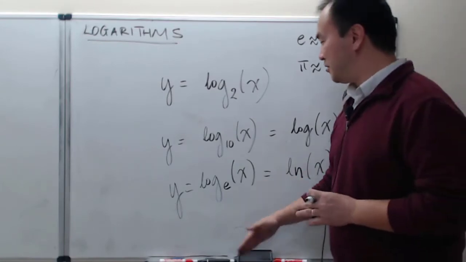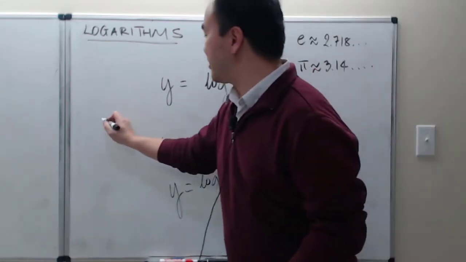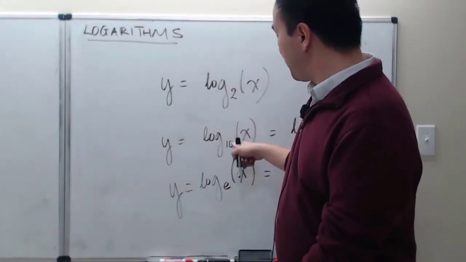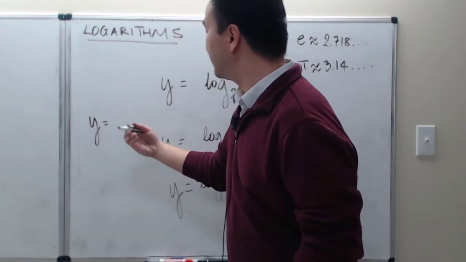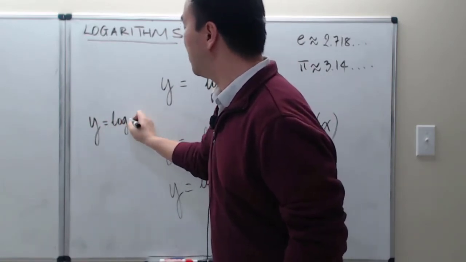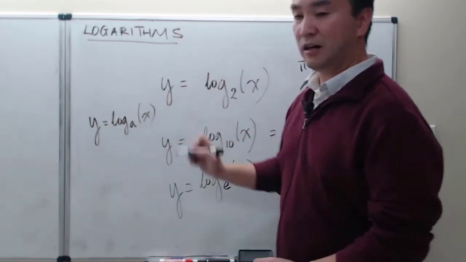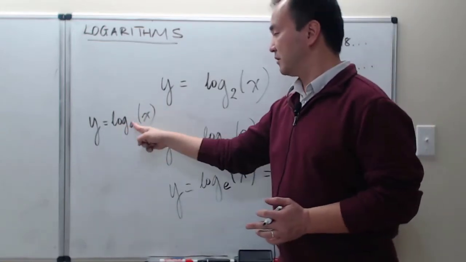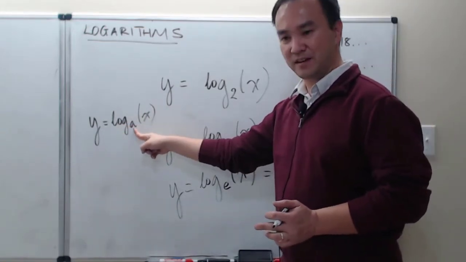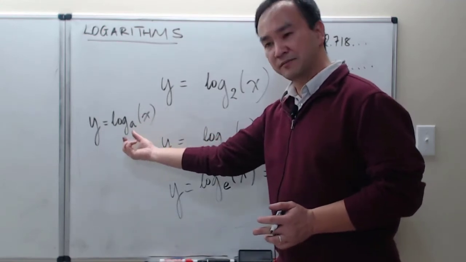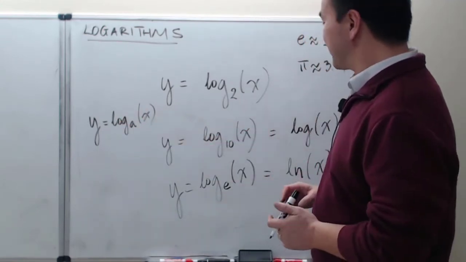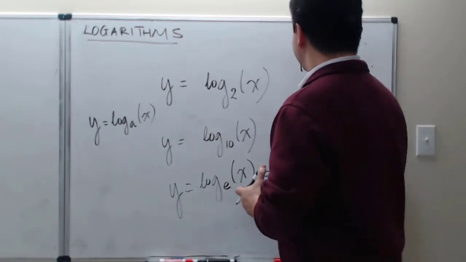Generally speaking, outside of the two special bases, base 10 and base e, anytime we're looking at a logarithm function, it's log base a of an input argument. That's logarithm base a, and the base a must be a positive constant.